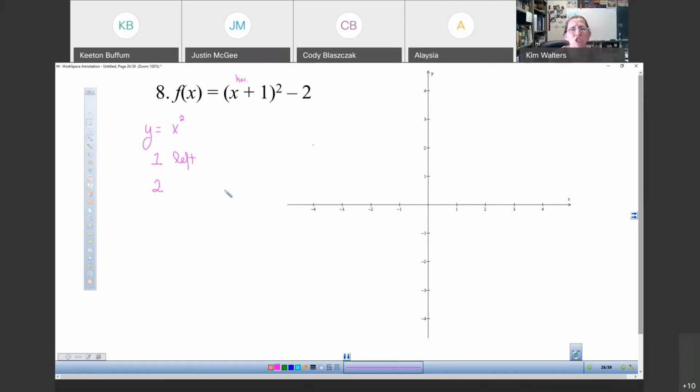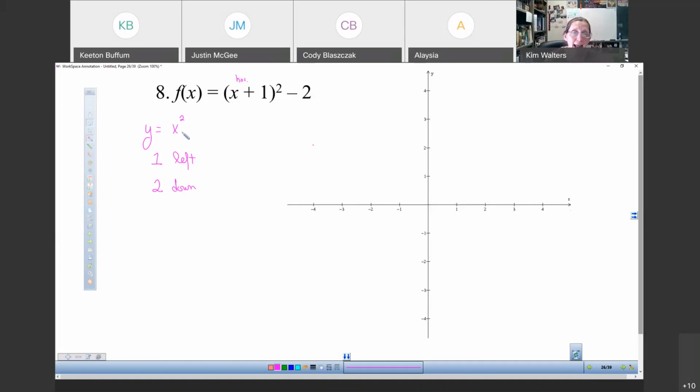So I had to change the sign to figure out where it moved to. But the huge thing is that you realize that that 1 is a left and right movement. That means that the 2 out here at the end is going to be up or down. And it is exactly what it says. So it's going to be 2 units down.